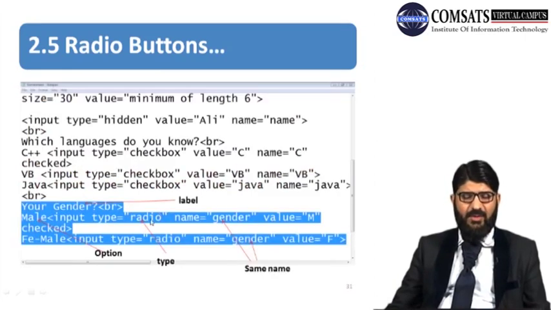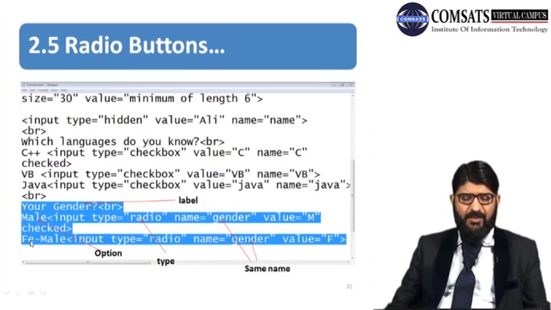Now let's see the code of the radio button. After the checkboxes, we have added new code in our text file. Your gender, this will appear as a label, then a line break with the BR tag, then male, that will appear as option 1, where input type will be radio, name will be gender, value will be M, and this will be checked by default.